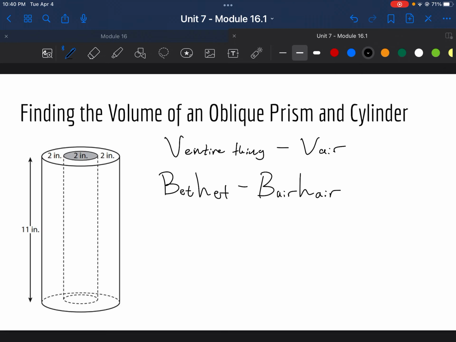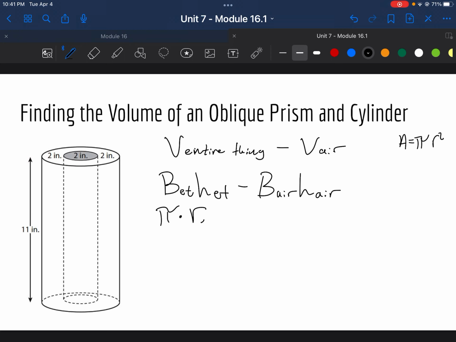Cool. So the base of the entire thing is going to be represented by the area of a circle, because our base is a circle. Since we know the area of a circle is pi r squared, I'm going to write that down up there.